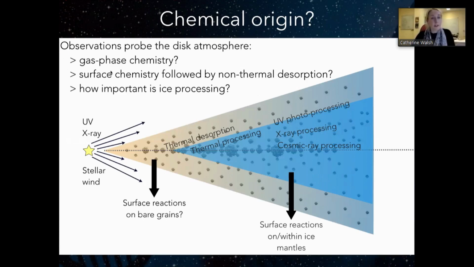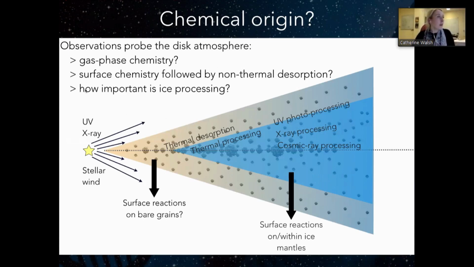Some of the theories that we have for the origin of these complex molecules, as Eric told you, and I think Paula as well, are that there may be possible gas phase routes that we haven't considered so far that allow these to form in the gas phase. The most favored route that we use in the models that I will show you is surface chemistry formation within the ice mantles on dust grains, and then non-thermal desorption via photons or X-rays that can knock the molecule back into the gas phase where we detect it.